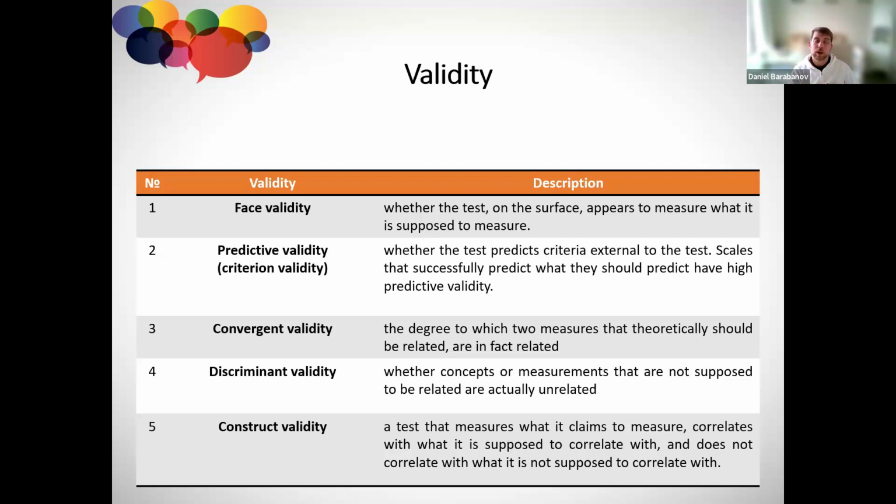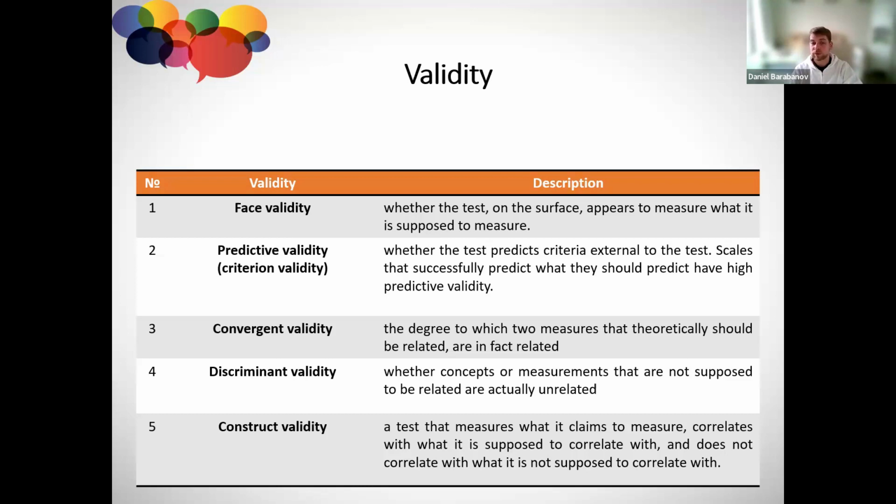It might be, let's say, achievement motivation, just as an abstract example. If we know from the research that extroverts have higher achievement motivation, then our measurement procedure should also show that, and it will show that, yes, our test is valid.